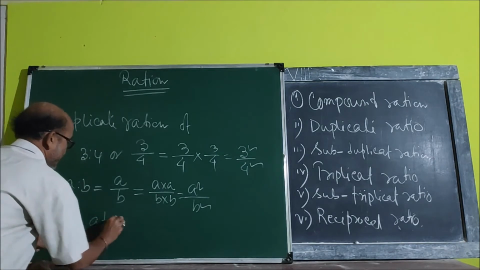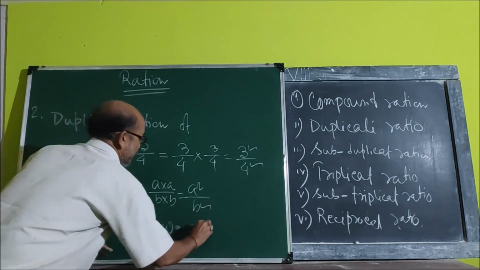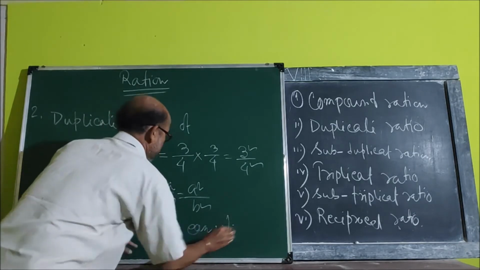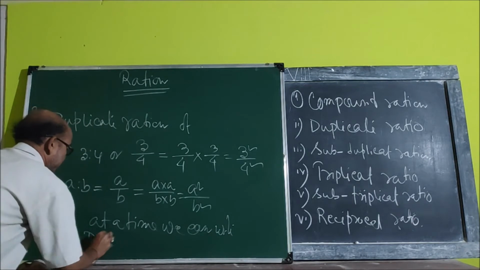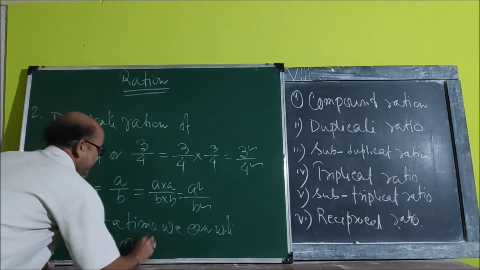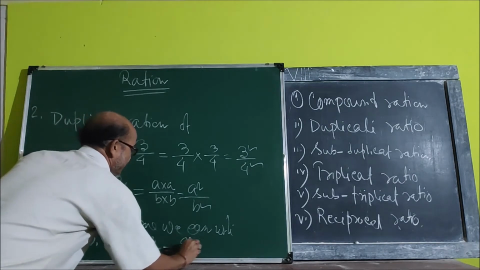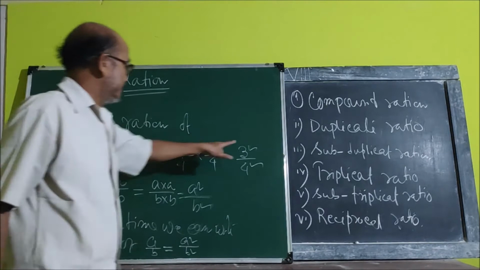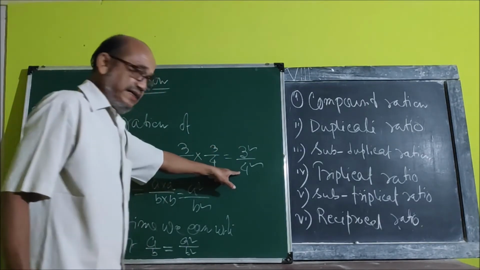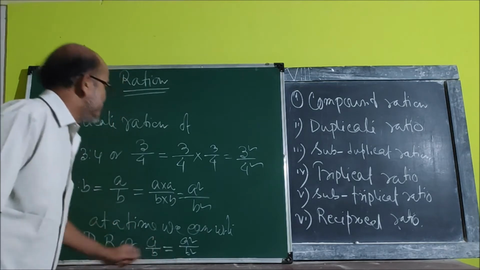At a time, we can write the duplicate ratio of A by B equals A square by B square. Like 3 by 4 gives 3 square by 4 square, here A by B gives A square by B square.